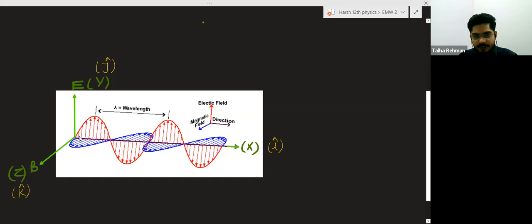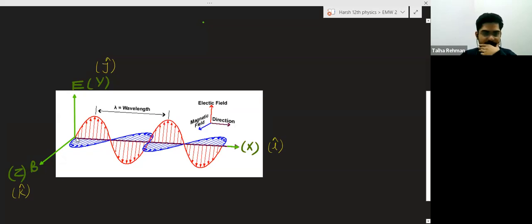The direction of the propagation of the wave means the energy is moving towards the x-axis. So i cap is representing the x-axis, and j cap is the unit vector in the direction of the y-axis.